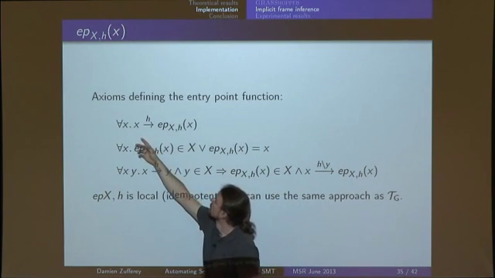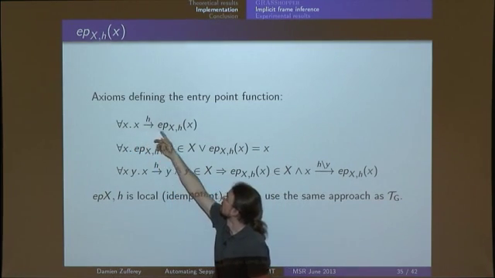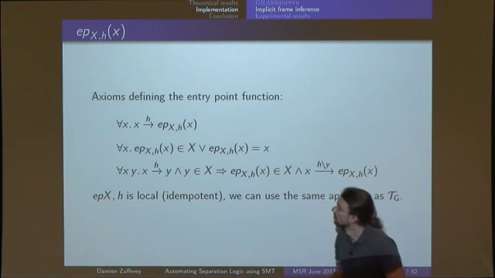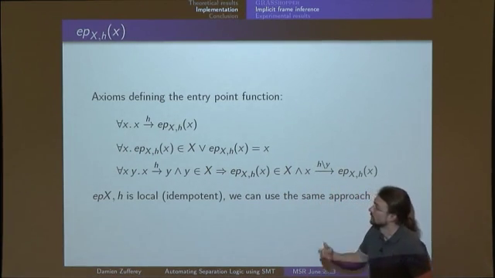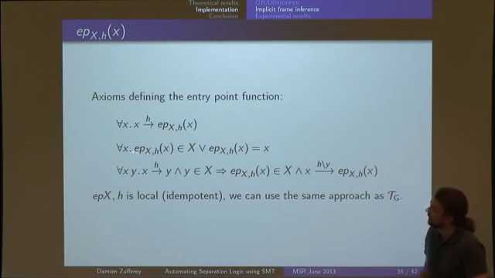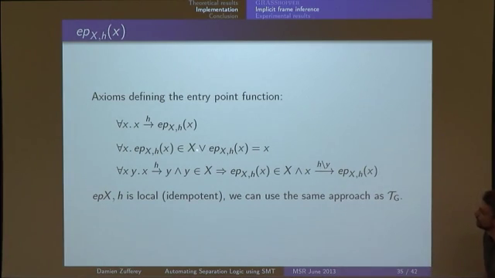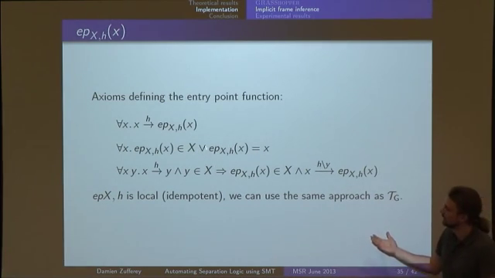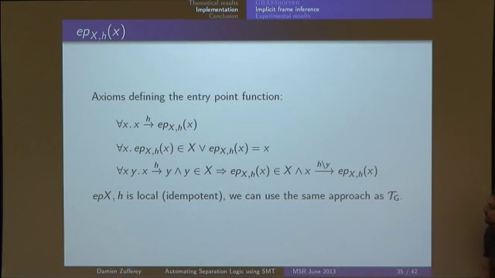I say that, basically, for any x, the x can reach the entry point. It's just following h or the node itself. Here that says that, okay, if the entry point of small x is in the modified part, then this function is idempotent. So if you apply the entry point to the entry point, it's the same node.